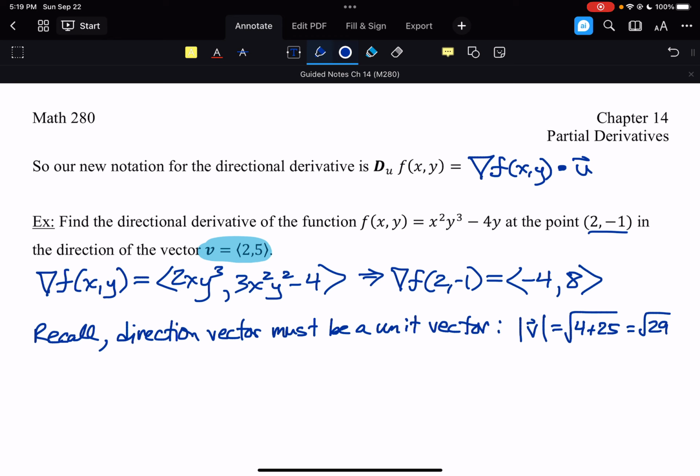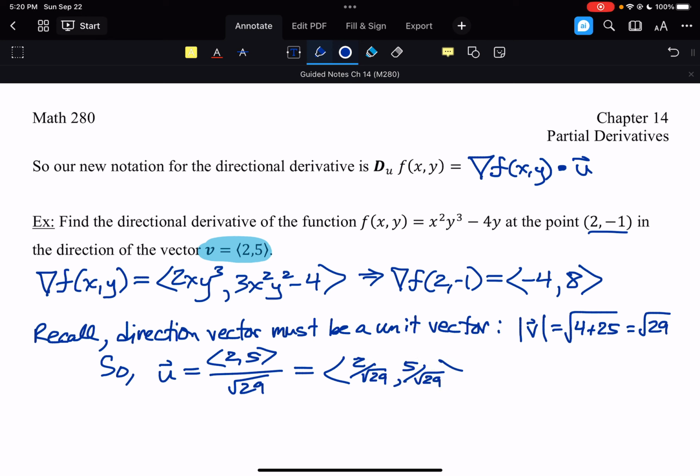So to get the new vector, u will be (2, 5) over root 29. So that's 2 over root 29, comma, 5 over root 29. So this will be the unit vector that has the same direction as v, but now has a length of 1.